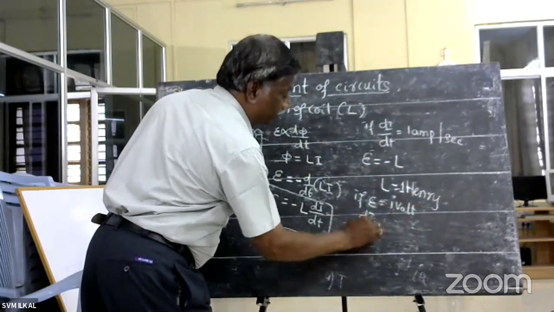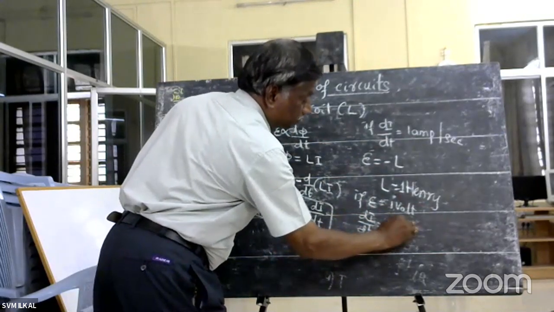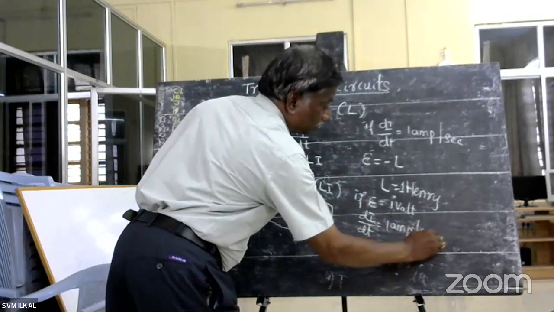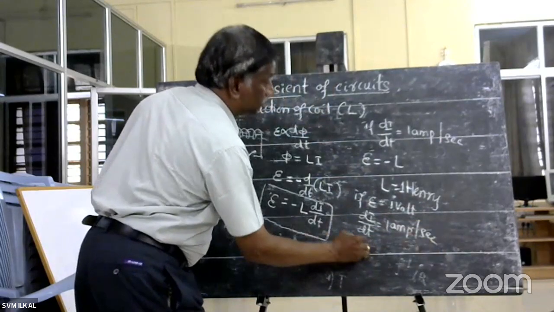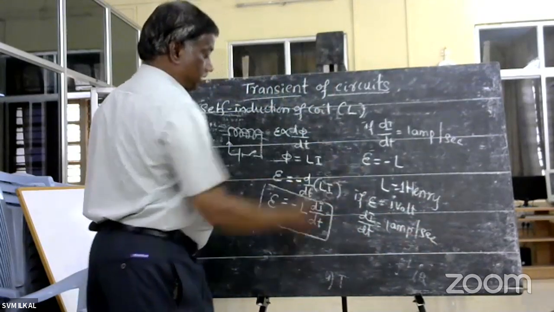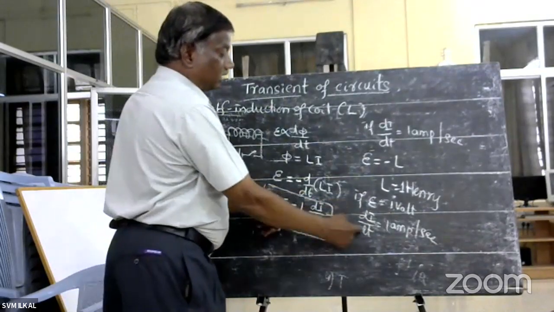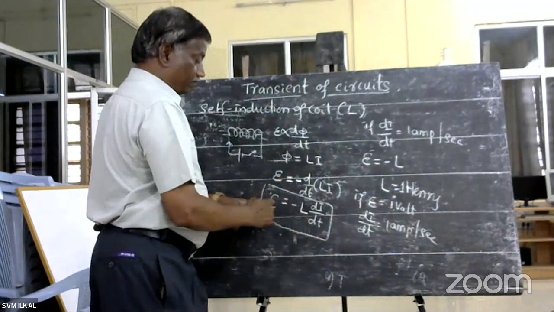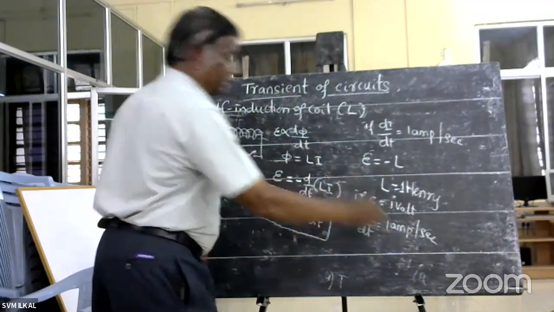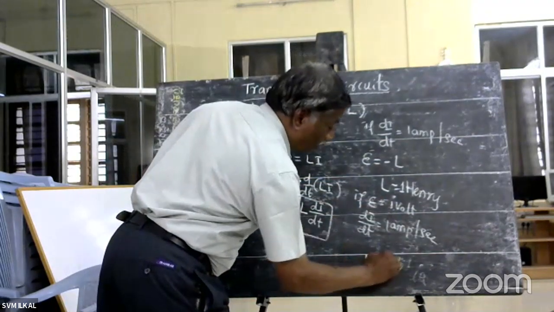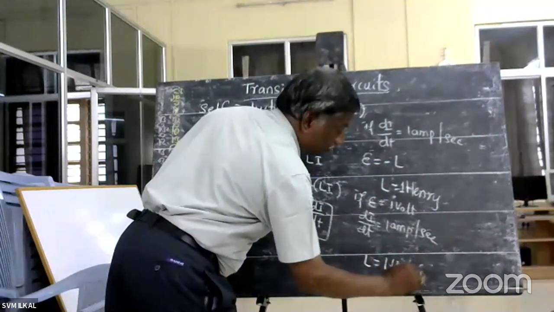Okay. When epsilon equals 1 volt, and di by dt equals 1 ampere per second, here see the equation, epsilon equal to minus L di by dt, as di by dt equals 1 ampere per second and E equals 1 volt, then L is equal to 1 Henry.